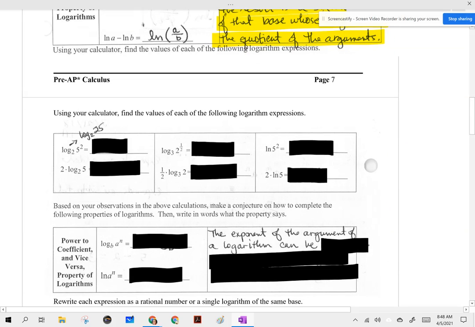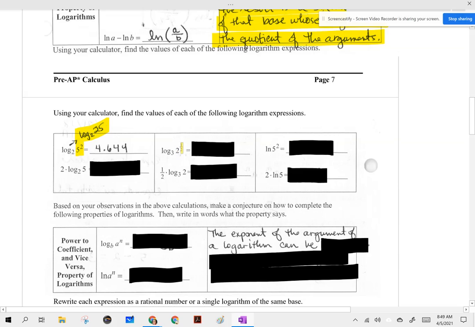So now we're going to use our calculator and find the values of each of these log expressions. When you see an argument that's 5 squared, or any argument that's raised to a power, that is the same thing as log base 2 of 25. So you could simplify that. And then what we end up getting in our calculator is 4.644.